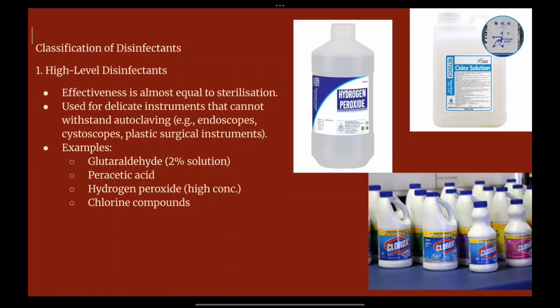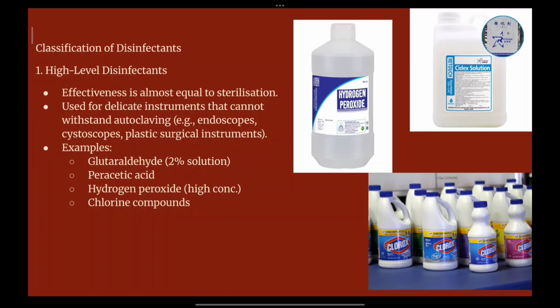Certain cameras are inserted inside the patient to check the mucous membranes or the gastrointestinal tract. The cystoscopes are used to check the genitalia regions, the urethra and its functioning. The plastic surgical instruments also cannot be autoclaved, so these can be disinfected with high level disinfectants.